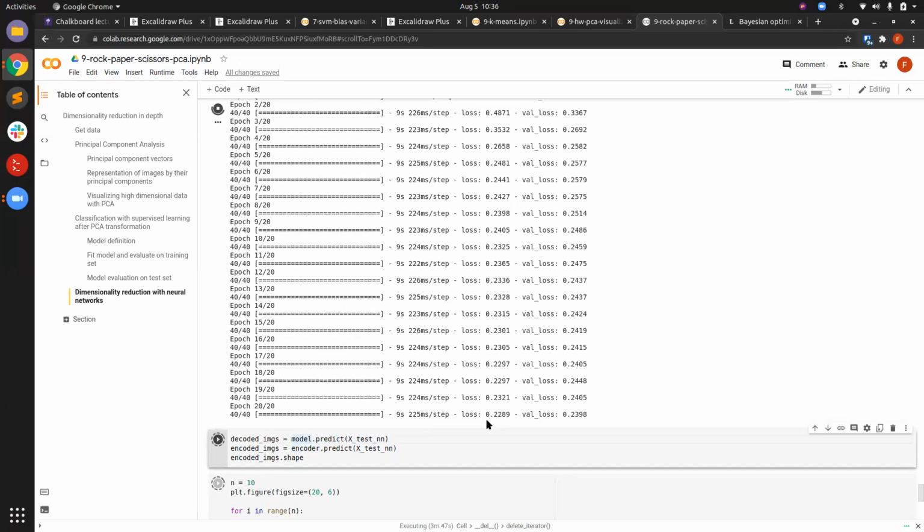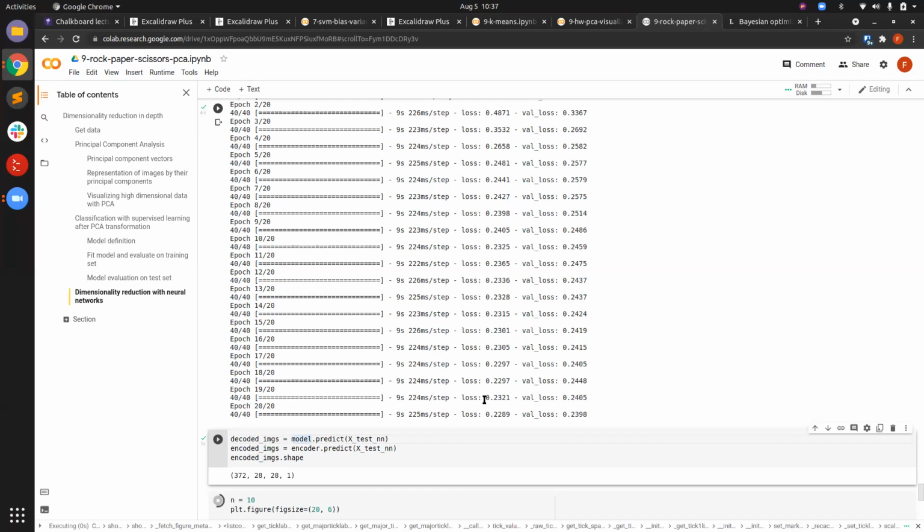Those should be just 28 by 28 by 1 per sample, because this encoded representation is of smaller dimension. Okay, so we have 300 test images, each 28 by 28 by 1.